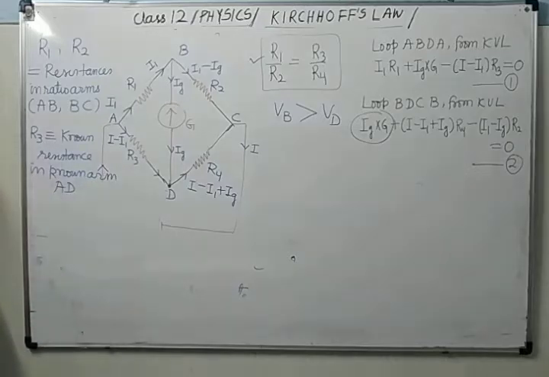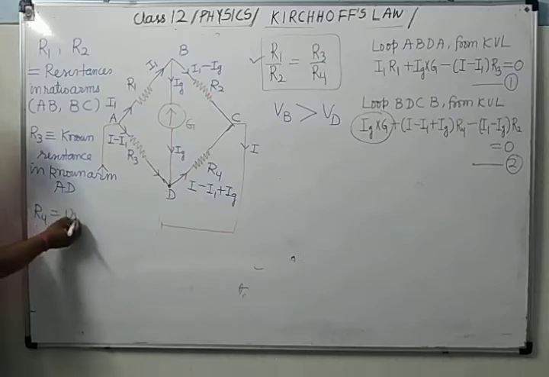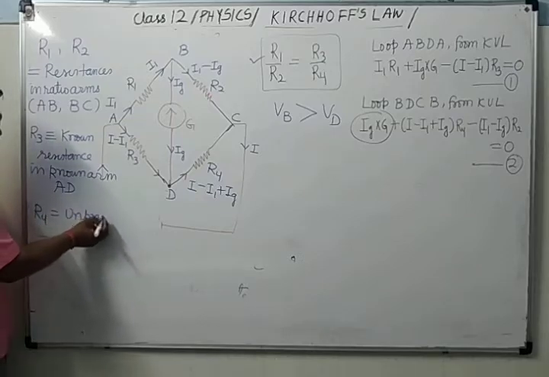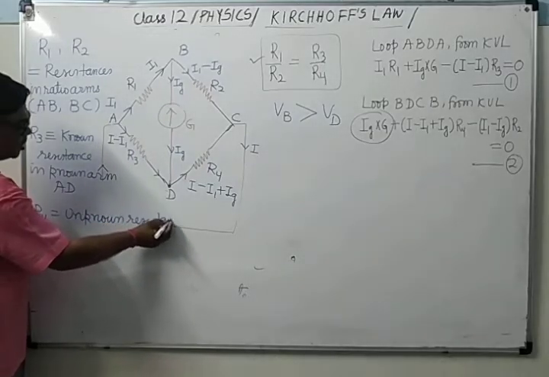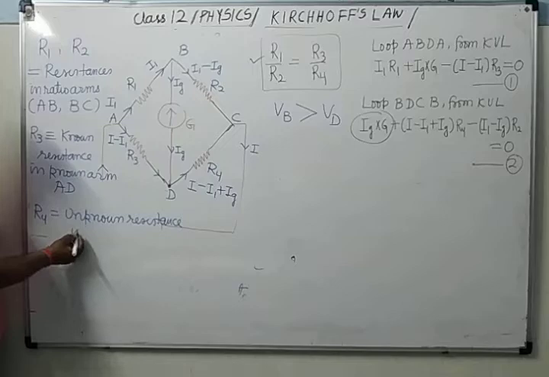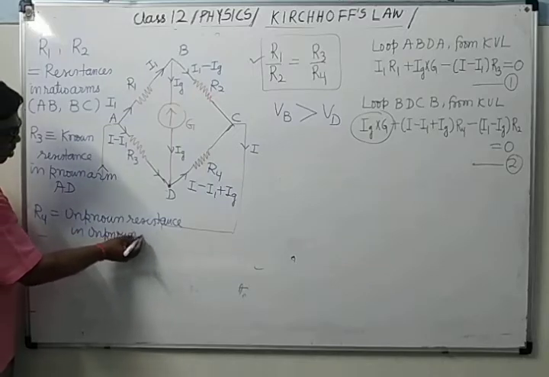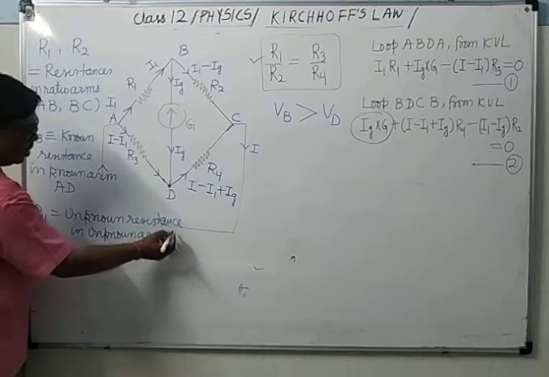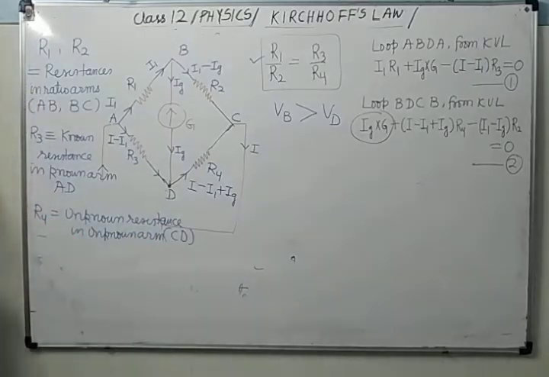It's clear? And R4 is the unknown resistance, which you have to determine. Unknown resistance in unknown arm. Here unknown arm is CD. It's clear? R4 you have to determine.